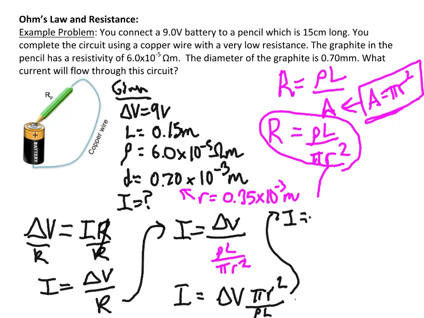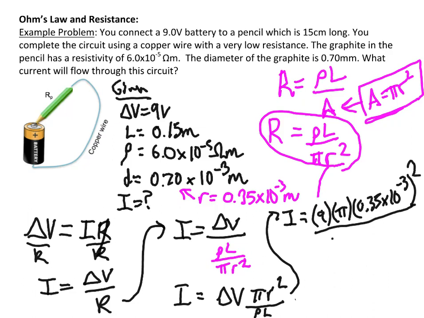So we've got delta V is 9, pi. R squared is 0.35 times 10 to the negative 3, it's being squared. And then rho L, so resistivity, is 6 times 10 to the negative 5. And the length is 0.15. So we want to toss all those numbers into our calculator.